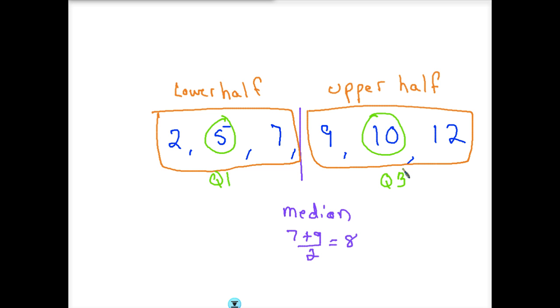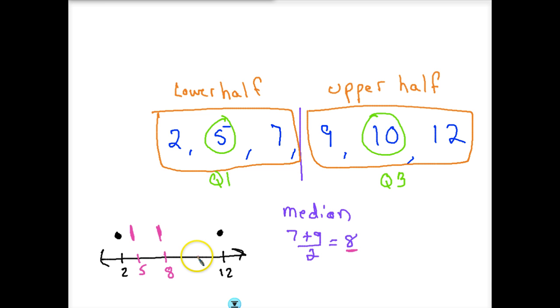Okay, so then all we do to make our box and whiskers plot, or box plot, you can call it either one, right, is you find your low. So we'll just put 2 here. And that's our whisker, right? We find our high, which is 12, and that's another whisker. And then we just put lines for our quartiles. So quartile 1 is here at 5. So that's one line. We have the median right here at 8. So I'm going to put my 8 right here. Okay.